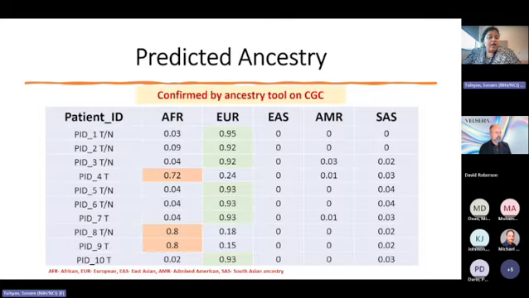The ancestry was also confirmed by the ancestry tool on CGC, and we found these 3 patients to have African ancestry, while these 7 patients have European ancestry. Also, the haplotype was predicted for the normal and the tumor cases, and they have the same haplotype, confirming that the samples came from the same patient.